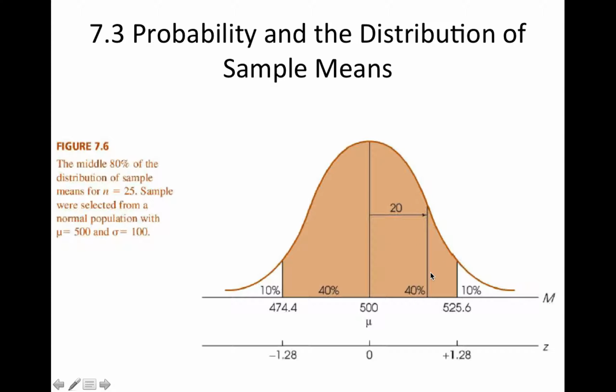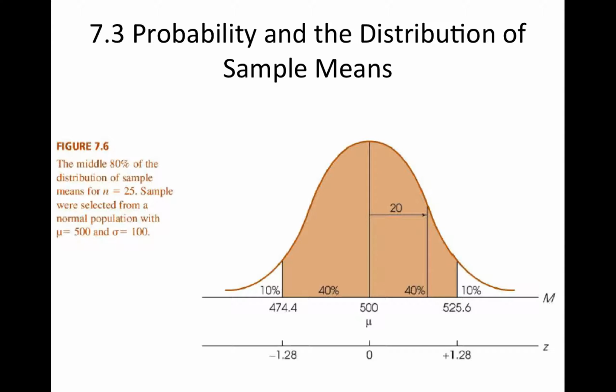And now since these are z-scores, if I want to translate that into actual scores that are in the distribution of sample means, what I'm going to have to do is multiply the standard deviation, 20, times the z-score. And that will give me the values between which I have 80% of the distribution of sample means.